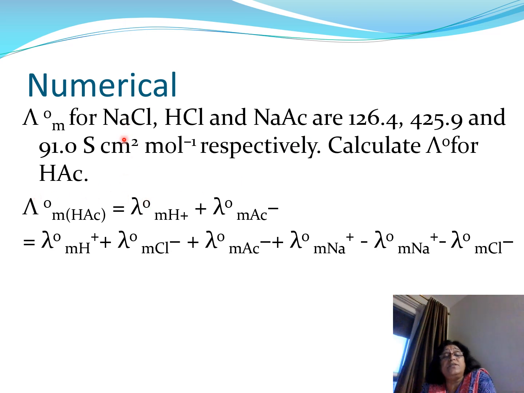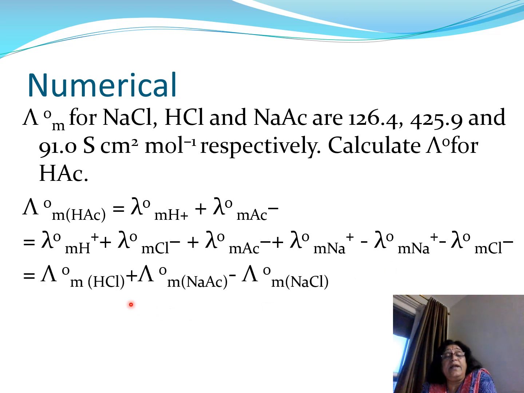So how will you find HAc? This all is given, so if you add, you have to get H and Ac. If you add HCl and NaAc and subtract NaCl, you will get HAc.